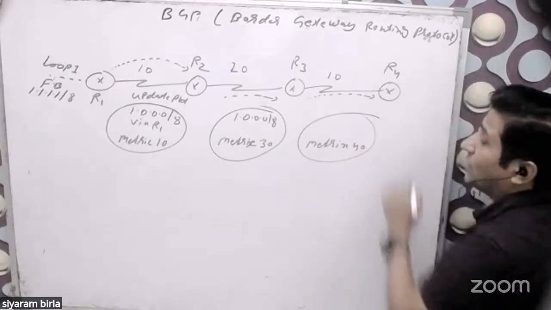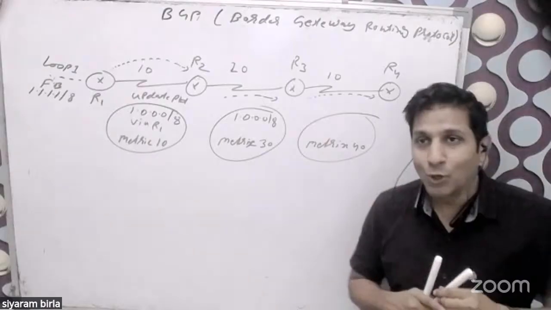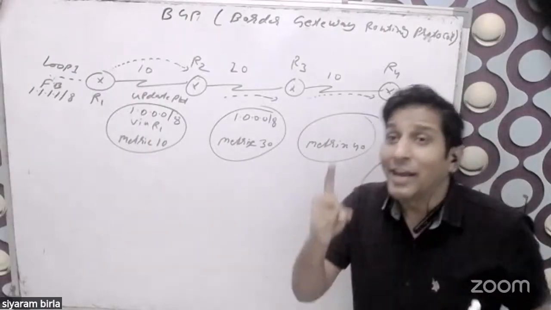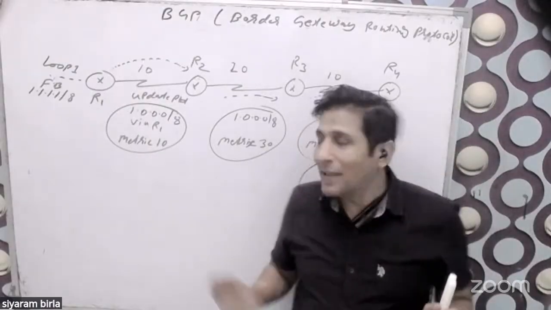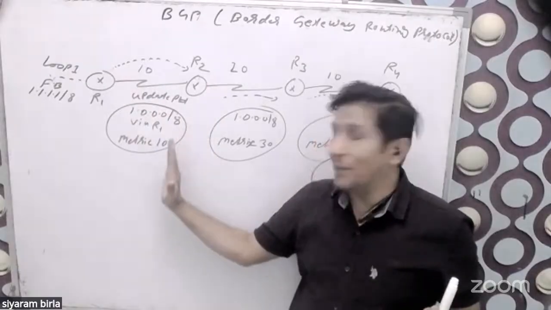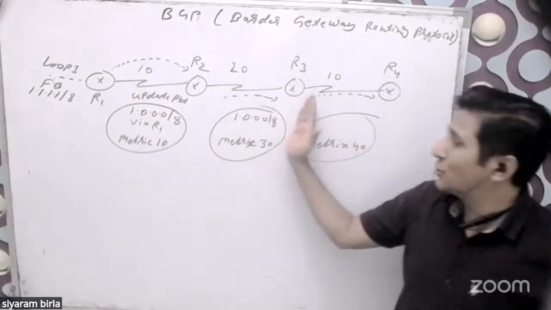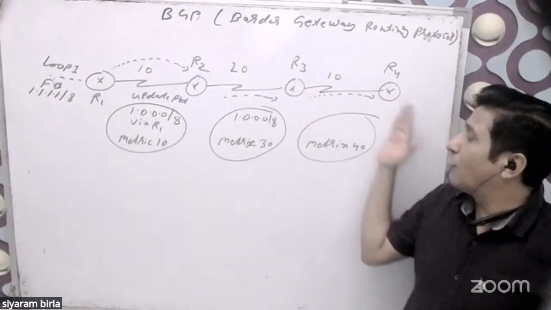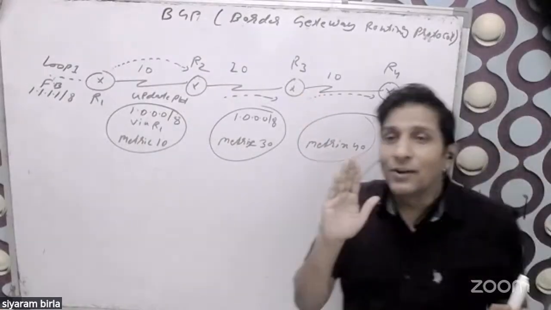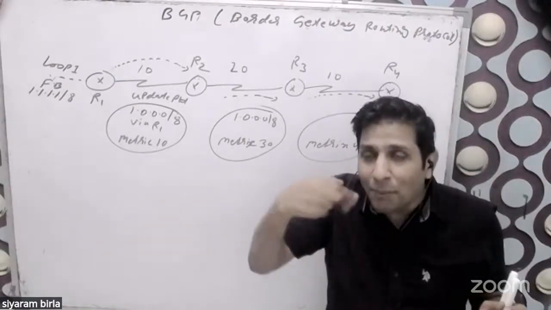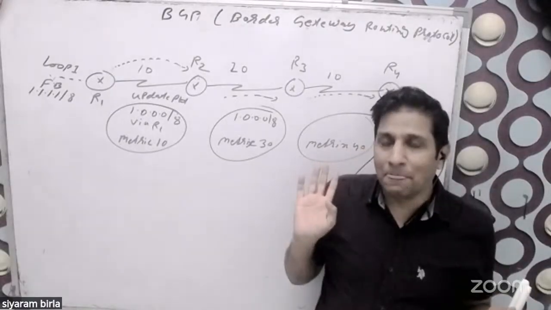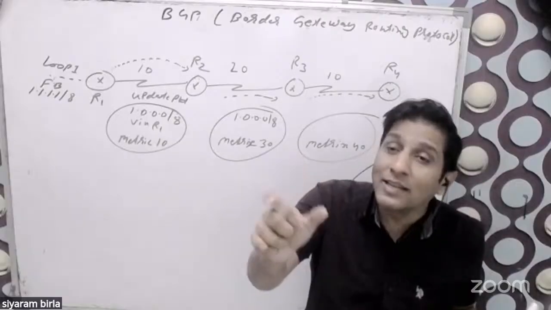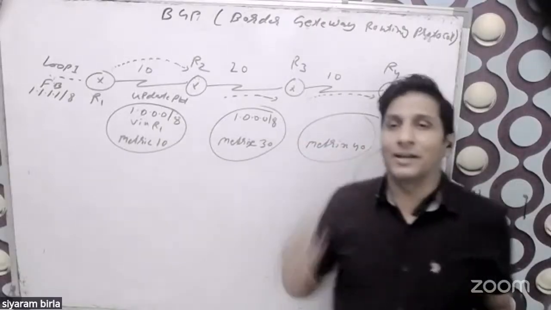So it will send the metric 40. Hop by hop, its metric is changed. Between the first two routers the metric is the same, between the next it is 30, and between R3 and R4 the metric is 40. So hop by hop, the metric is changing. That's why it is called the routing update packet.